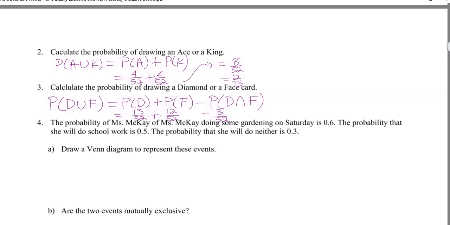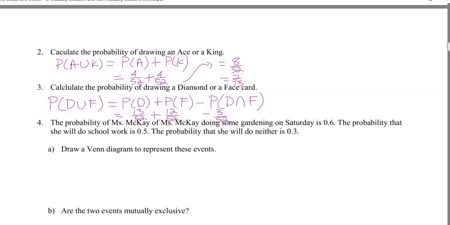So what we don't really need to do here is a Venn diagram, right? We can just do, based on our knowledge of cards, 13 of the 52 cards are diamonds. There are 3 face cards in each suit. So the Jack, Queen, and King of hearts, of diamonds, of spades, and of clubs. So that's a total of 12. But if we count twice, we will have counted the diamond face cards under the diamonds and again as face cards.